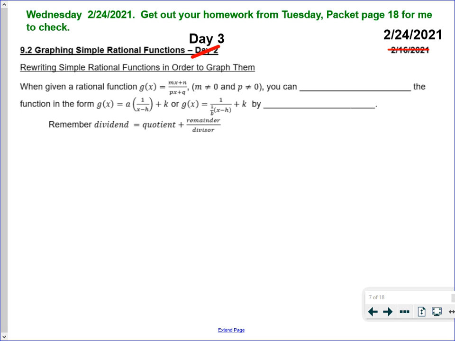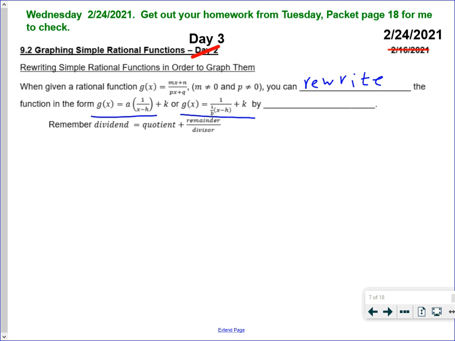So if we're ever given a rational function, g of x equals mx plus n all over px plus q, or a single degree polynomial over another single degree polynomial, we can rewrite the function to put it into a form that we're more familiar with. For instance, this g of x here or this g of x there, right?